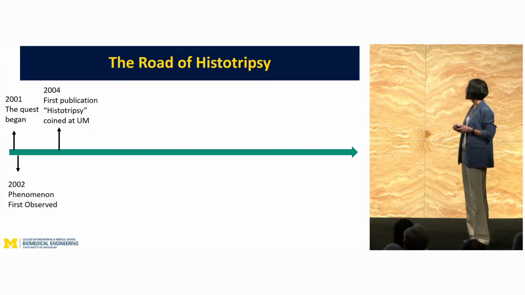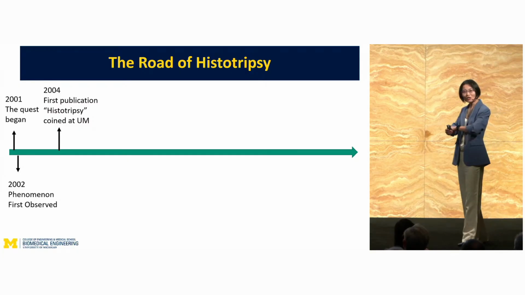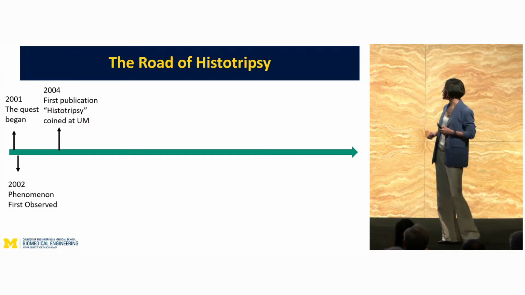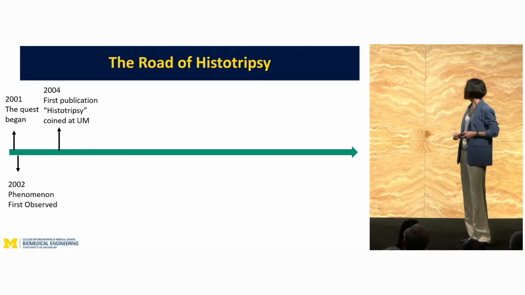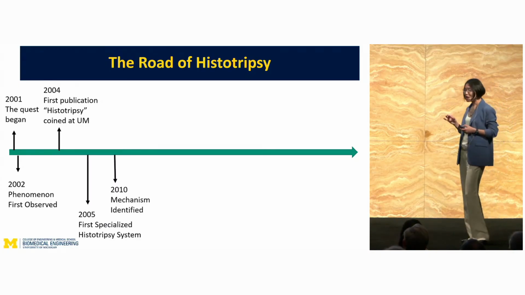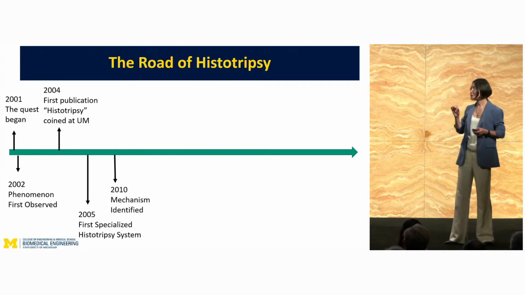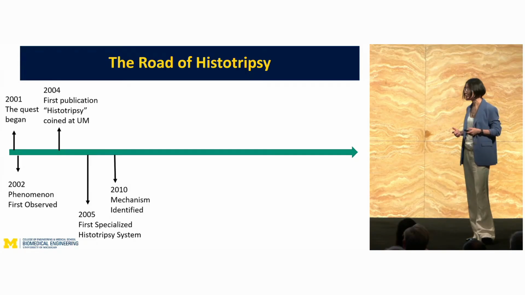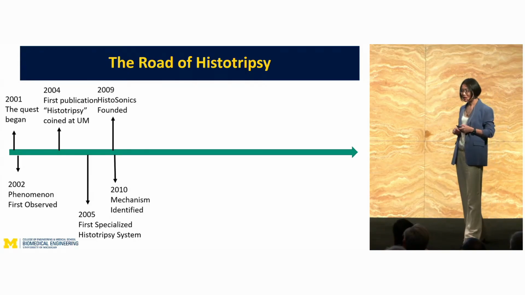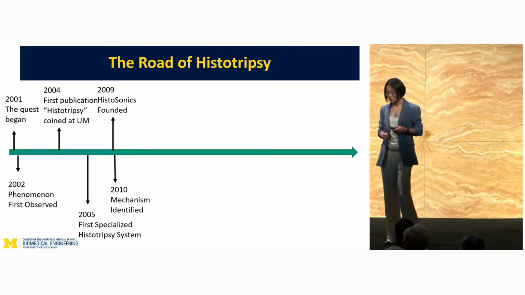In 2004, I published the first paper on histotripsy, and we coined the term histotripsy at the University of Michigan. I spent almost 10 years trying to design and build specialized equipment for histotripsy and understand the mechanism behind it. In December 2009, I co-founded HistoSonics with a goal to bring this to patients.